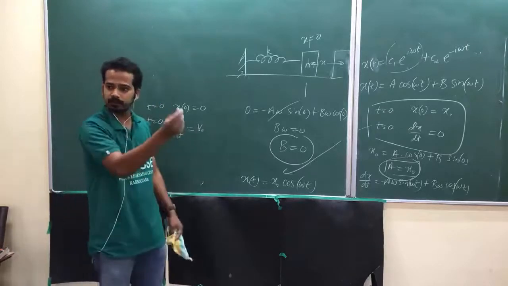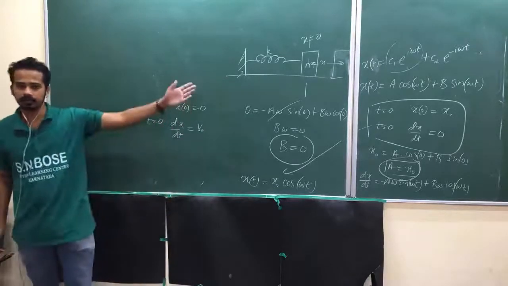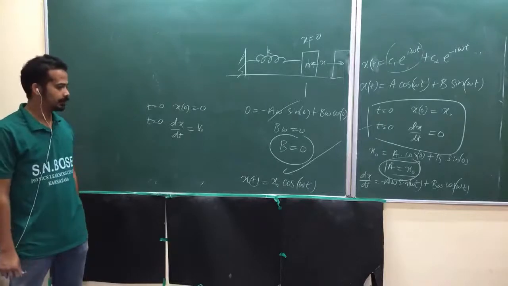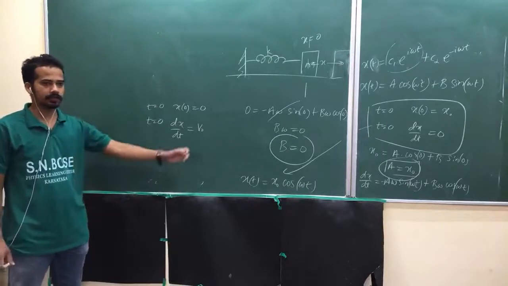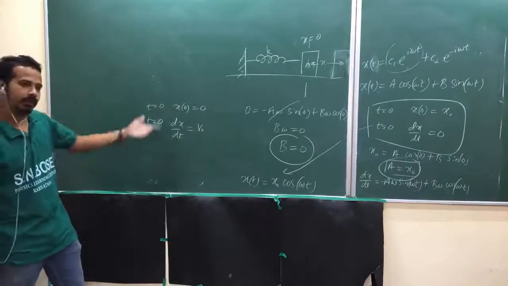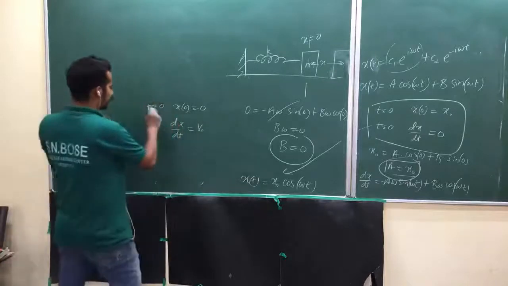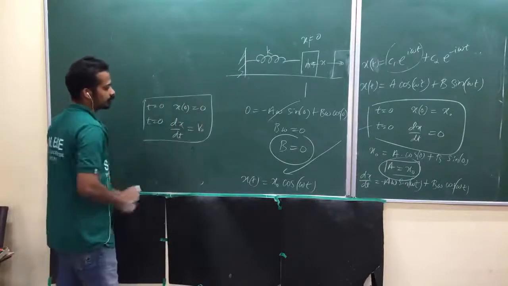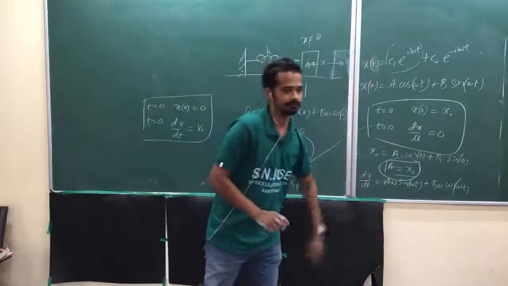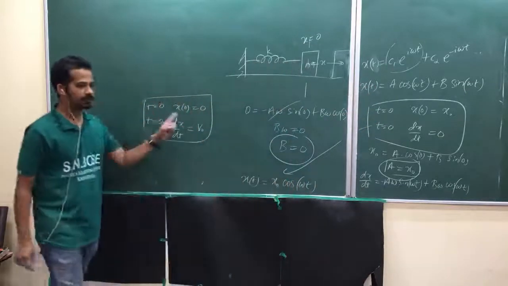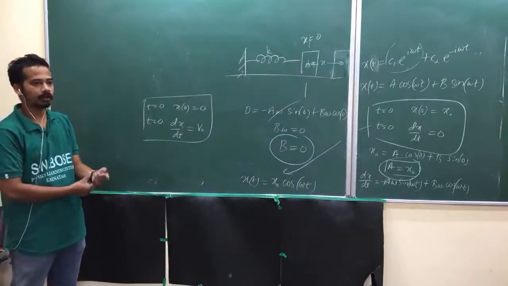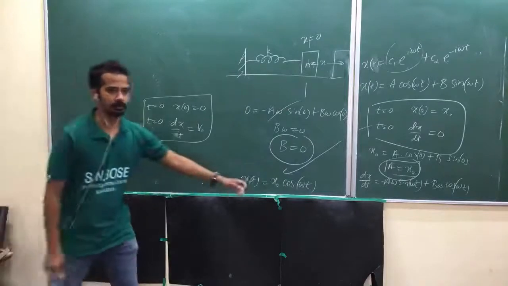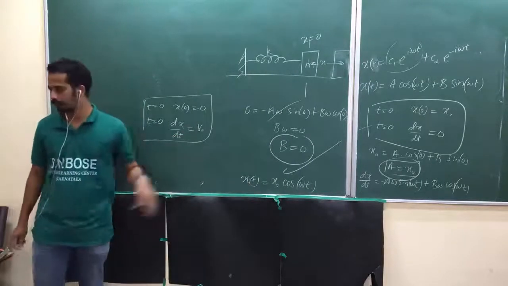In the mean position, it will have the highest velocity in case of spring motion, isn't it? Now you can try to find the solution for this boundary condition. In this case, it will be sine, because when you put t equal to 0, x should be 0. Am I right? Cos will not allow it to be 0. This cannot be the solution for this boundary condition. Try to do this one.